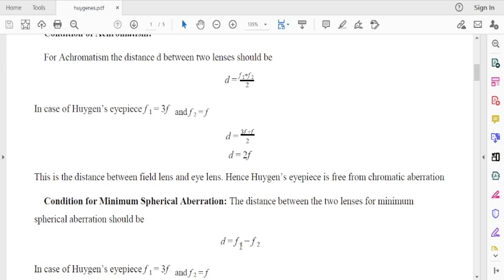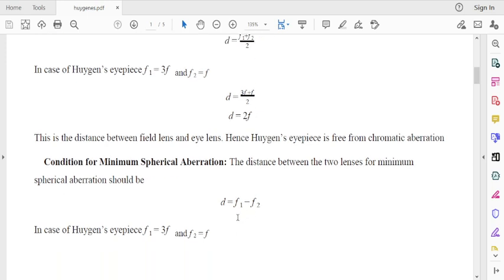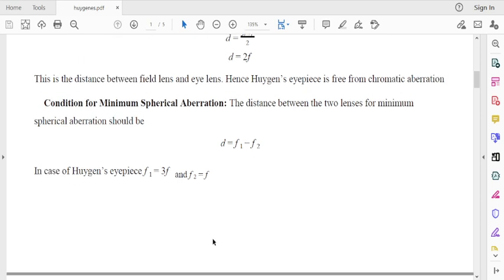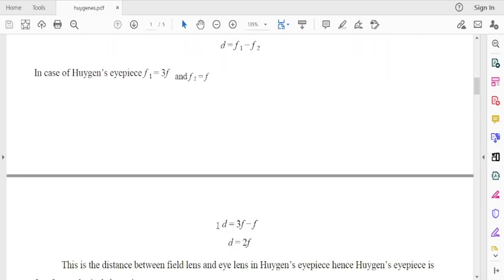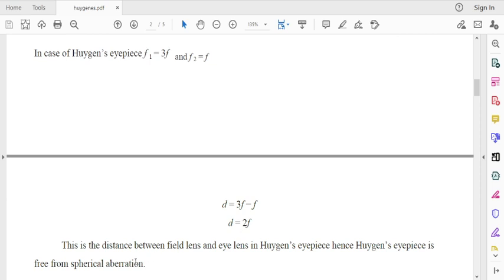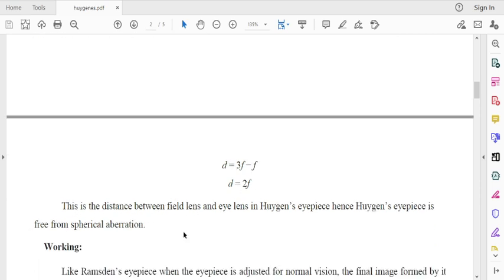Again here F1 is 3F and F2, the focal length of the second lens, is F, and therefore it is nothing but 2F, and this D equals 2F is the distance between the field lens and eye lens in the Huygens eyepiece. Hence, the Huygens eyepiece is again free from spherical aberration.